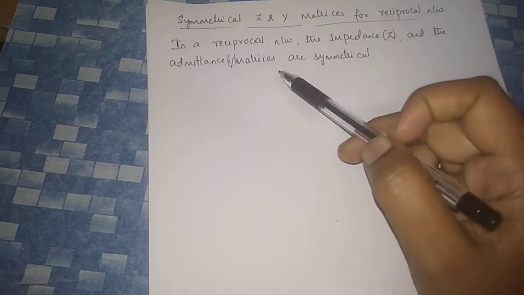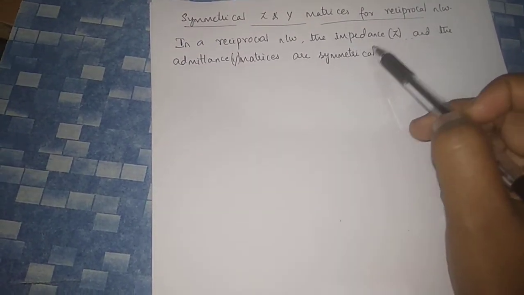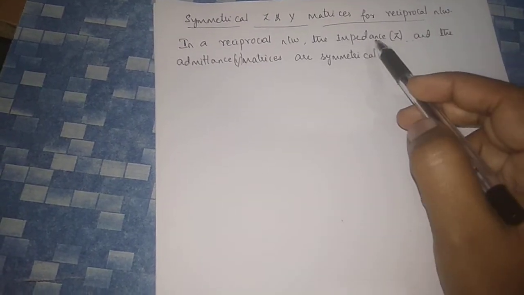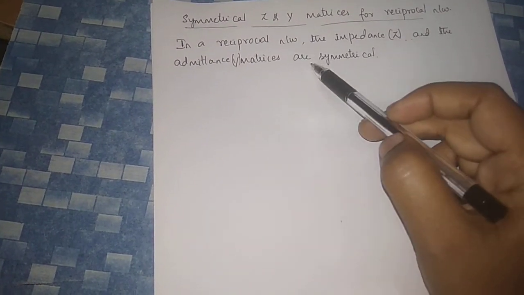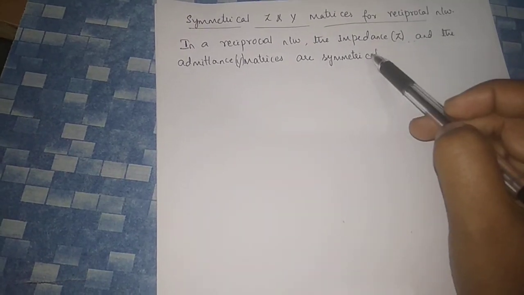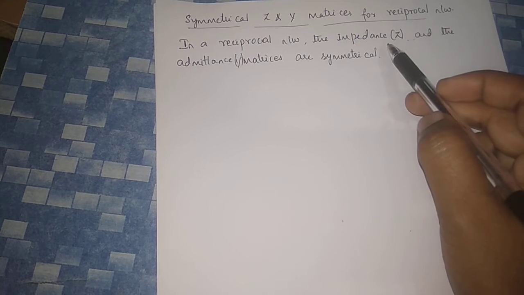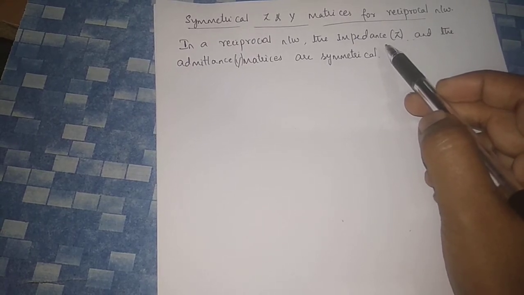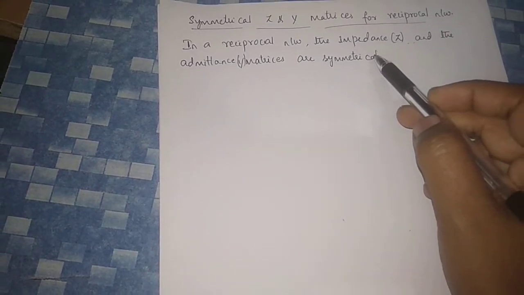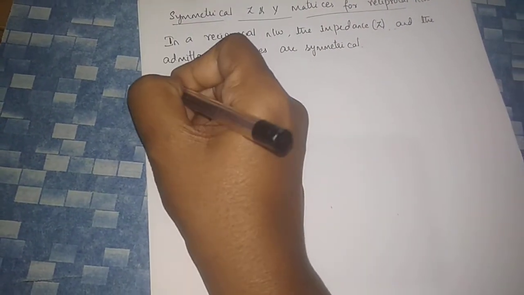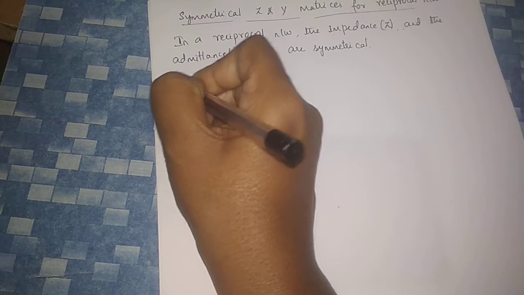So in a reciprocal network, the impedance, that is your Z, and the admittance, that is Y, matrices are symmetrical. That we'll see, what we have to prove here. So this proof.